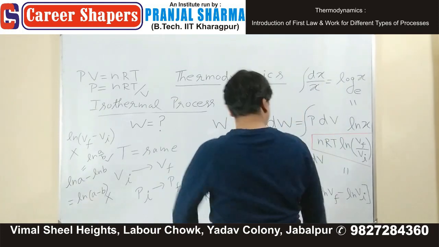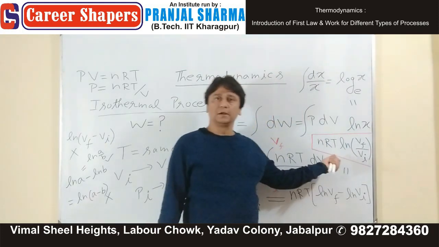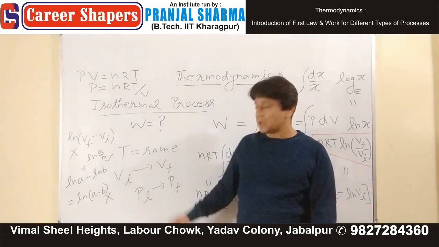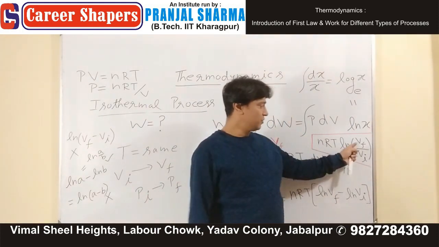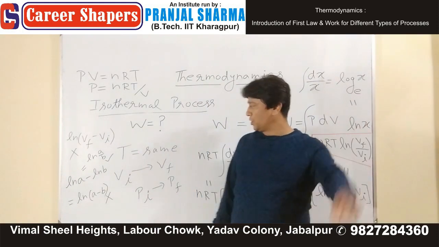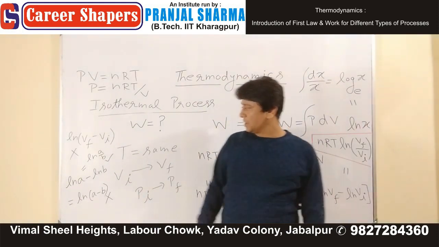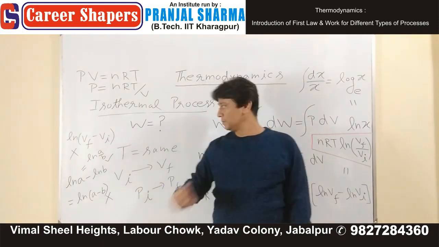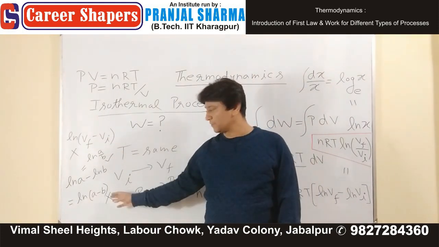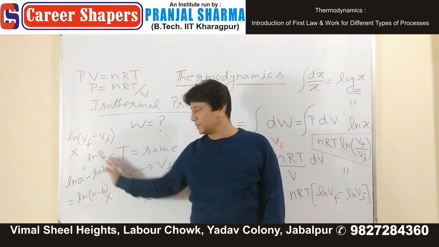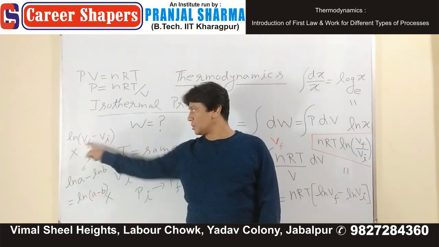Get me work done in terms of, this work is in terms of V final and V initial. I want you to write work in terms of P initial and P final. And those of you who find these types of things difficult, don't forget to write these things as a side note. That's not how we use limits.